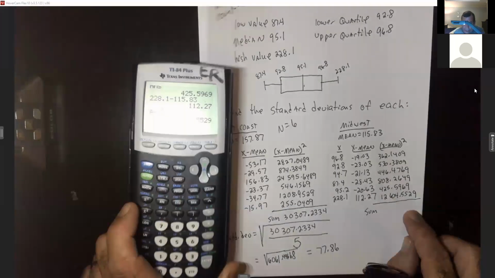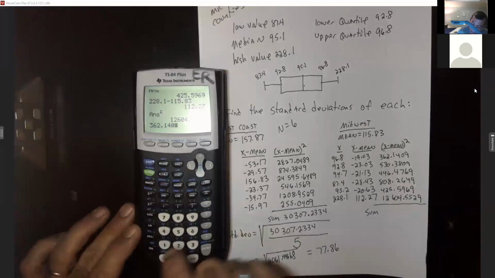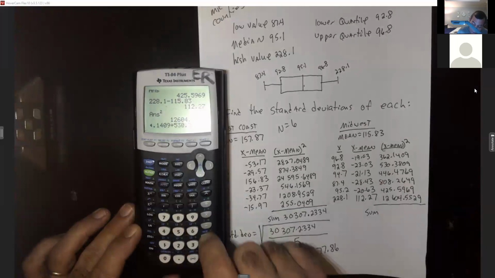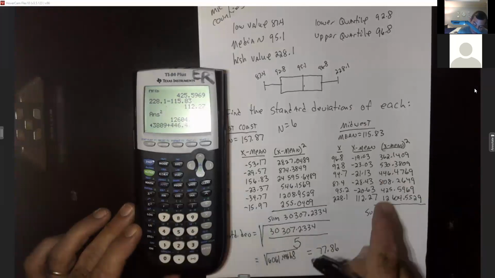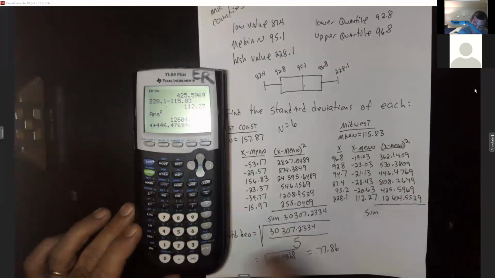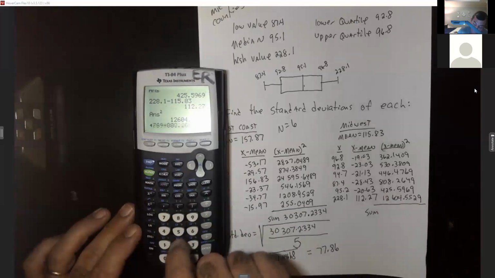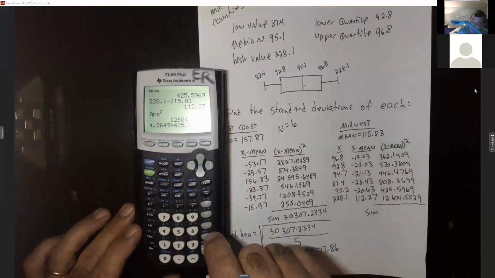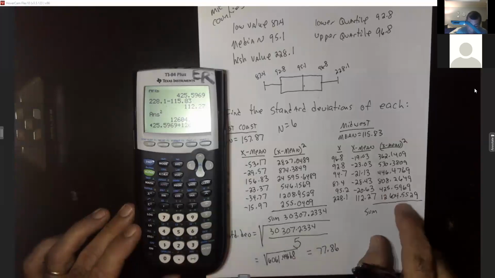So I got 362.1409 plus 530.3809 plus 446.4769 plus 808.2649 plus 425.5969, plus 12,604.5529.